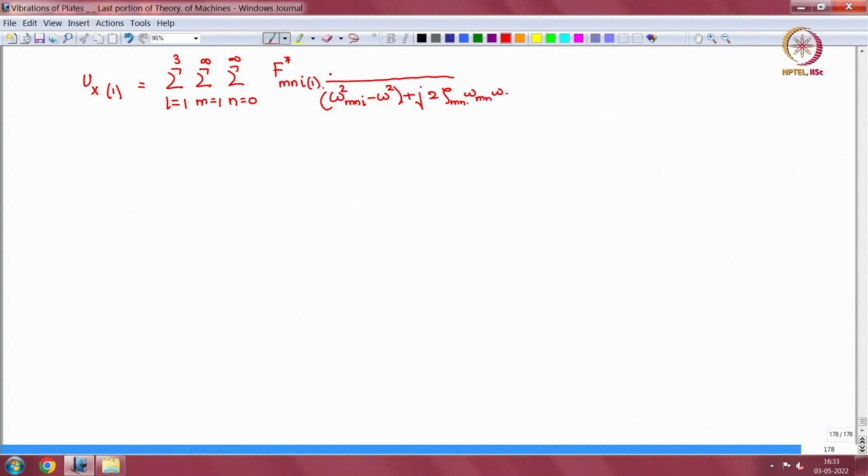This was my gamma tilde_mn, if you remember. Then if I put in e to the power j omega t, that is my eta_mn, and eta_mn should be multiplied by the mode shape, which is a_mnI by c_mnI cos(m pi x by L) cos(n theta).